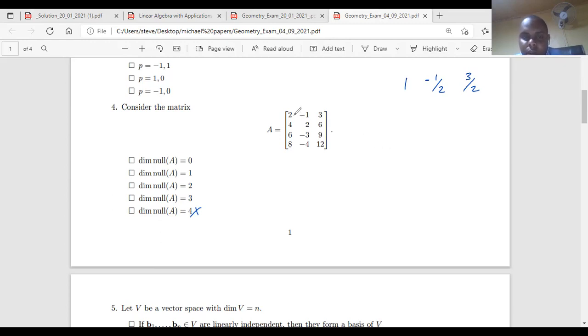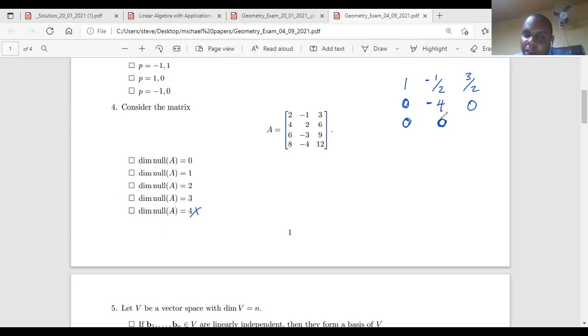We could do row 2 minus 2 times row 1, and this would give you 0, negative 4, negative 4. Then we could do the same for row 3, multiplying by 3: 0, then minus 3 plus... it's 0, 0 and 0 again.